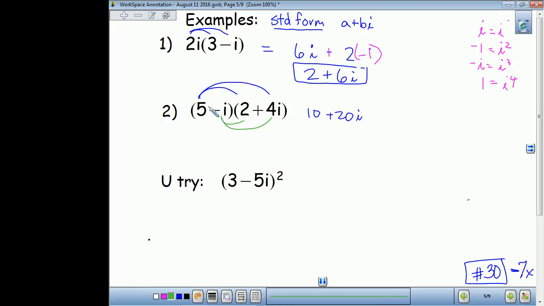Now let's distribute the second term here. -i times 2, -2i. -i times 4, -4i squared. Okay, so we are going to change because this i squared is like multiplying by -1. It becomes a positive. So when we add our real part with our real part, we get 14. And the imaginary with the imaginary, positive 18i.